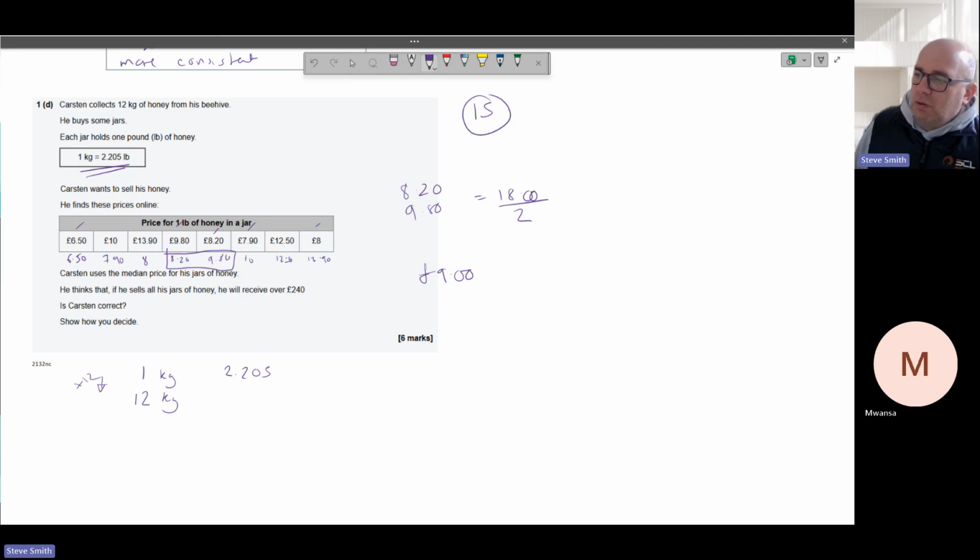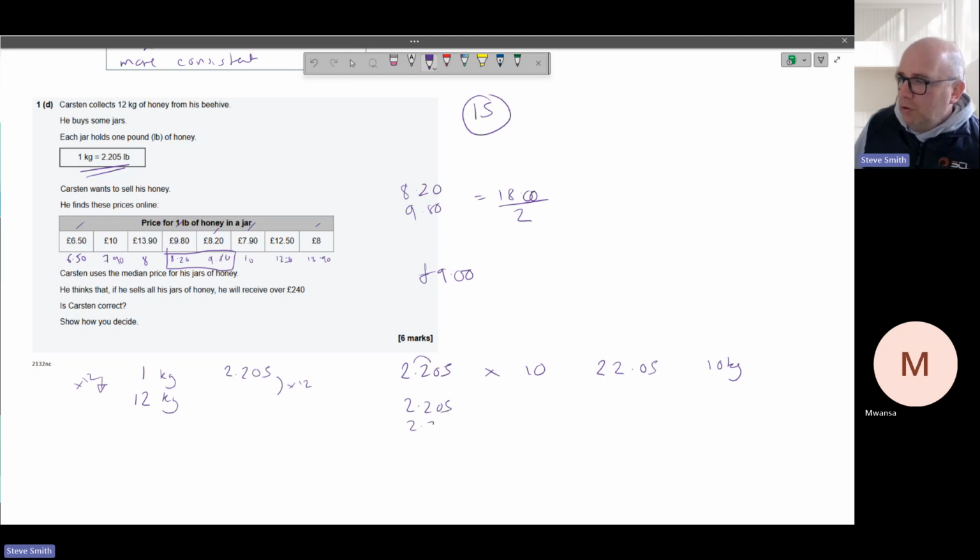We can do it 2 ways. We can multiply that one by 12 if you're comfortable. If you're not comfortable, then why not do 2.205 times 10? That means the decimal place moves 1 place to the right, so that becomes 22.05. So that's 10 kilos. And then add 2 lots of that.